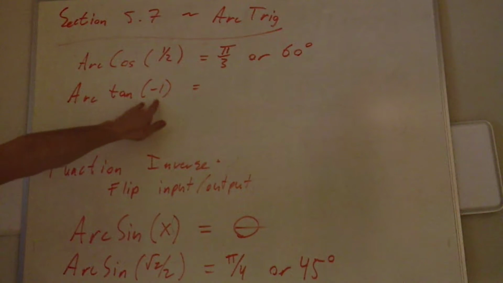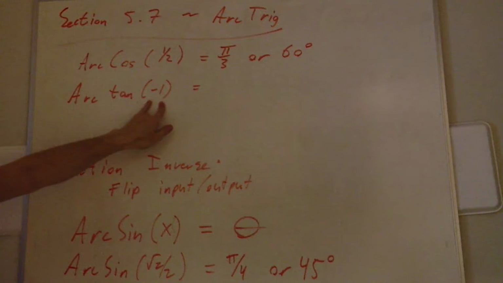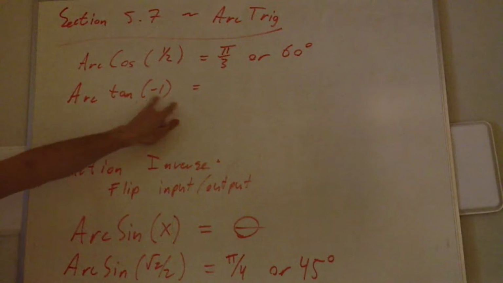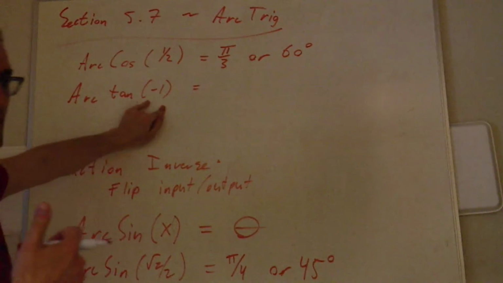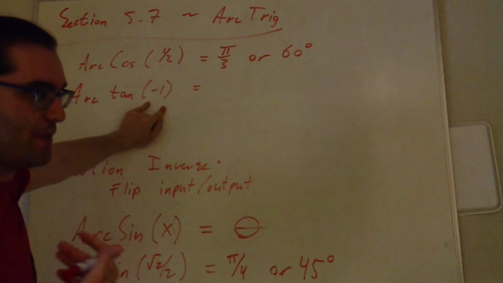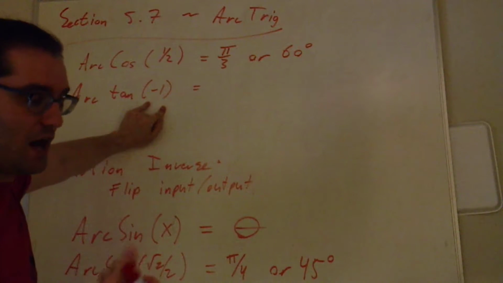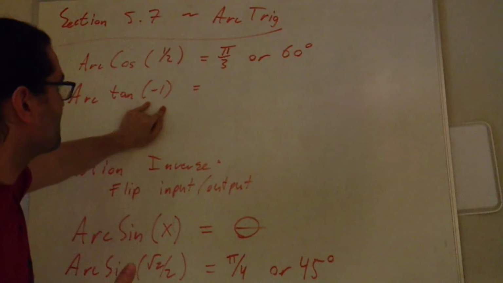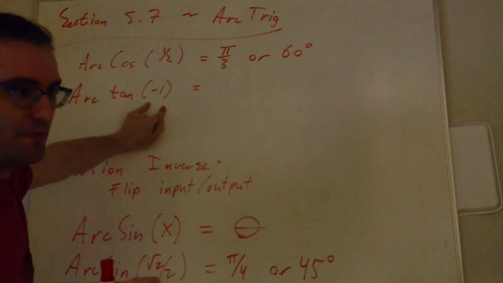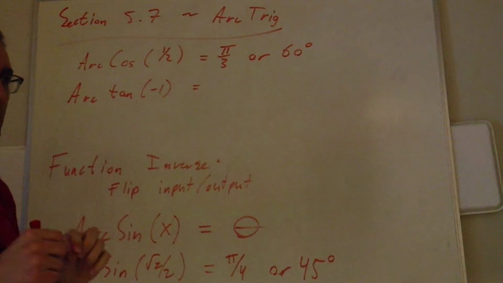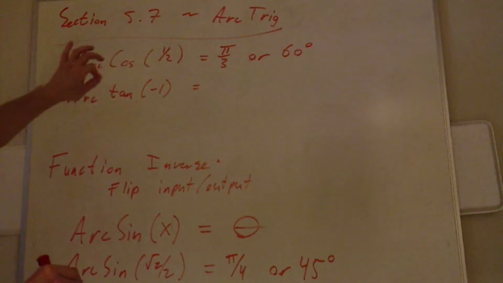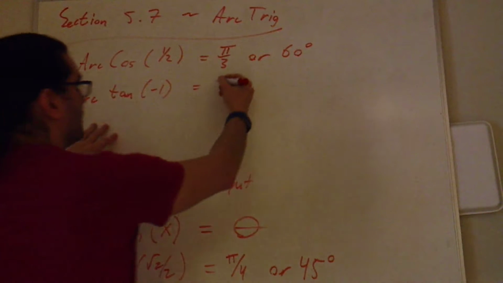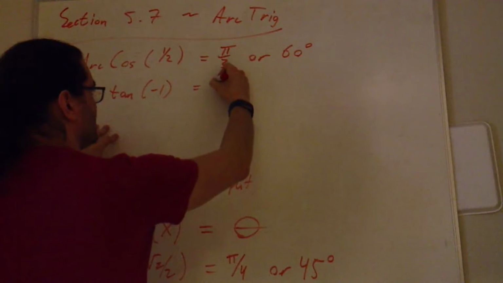So the arctan is going to take in a ratio of y to x values and give you an angle as an output. If the ratio is -1, that means that the x and y value have the same magnitude but opposite signs, which means that we're probably at either 135 degrees in the second quadrant, which is 3 pi over 4.